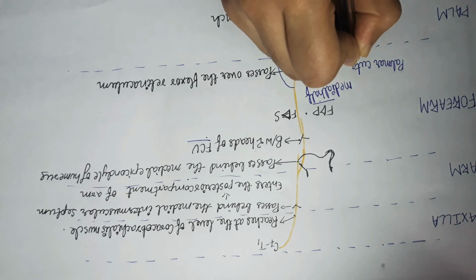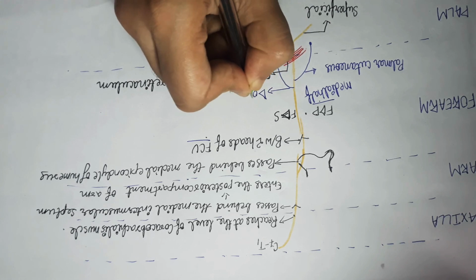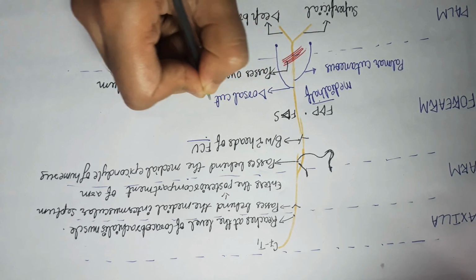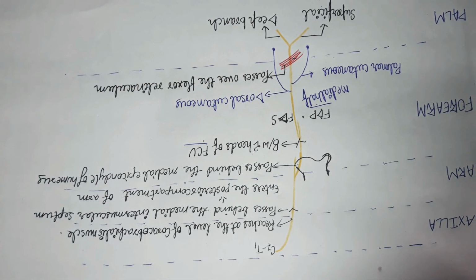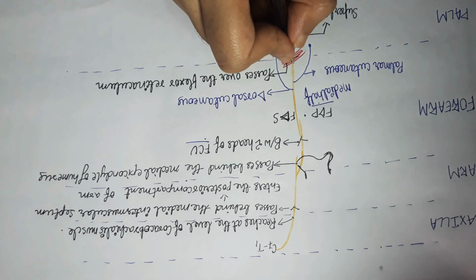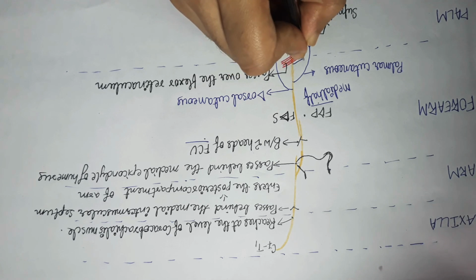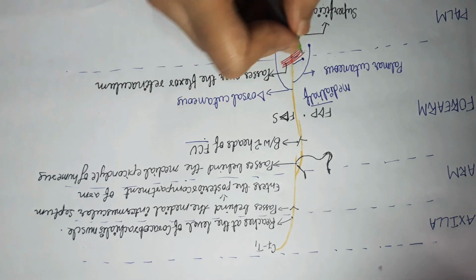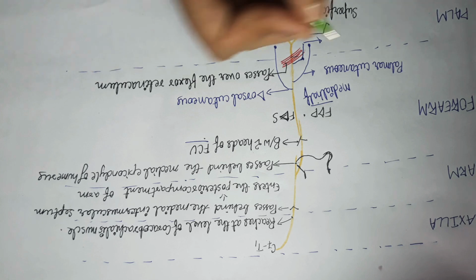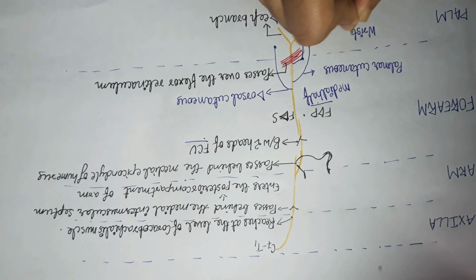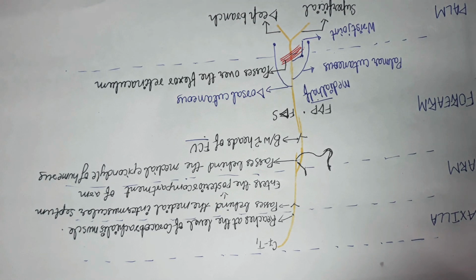And one articular branch, which it supplies at the level of the wrist joint. So this is about the 5 branches of the ulnar nerve in the forearm.